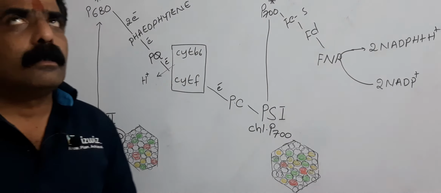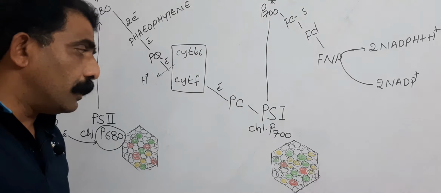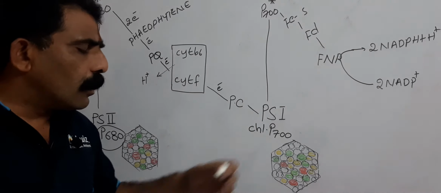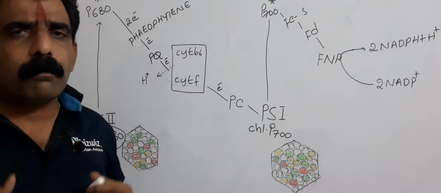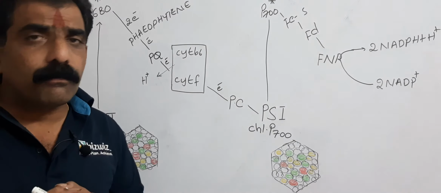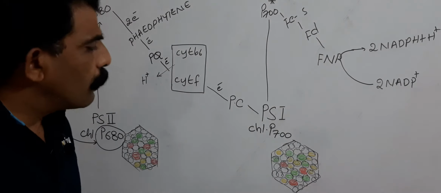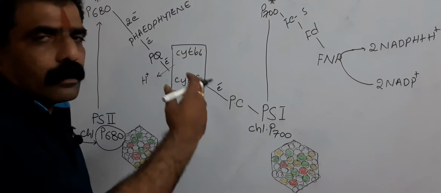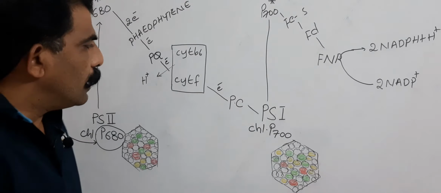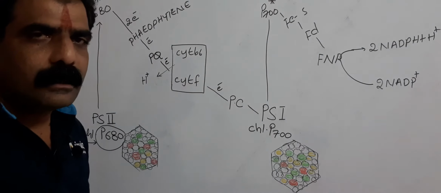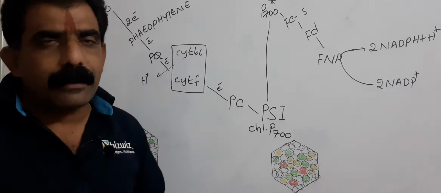You know, the sun emits radiant energy which is absorbed by these pigments. Radiant energy comes in the form of quanta or photons. Photons are absorbed by the pigment molecules, and they will transfer that energy to the reaction center. In the case of PS1, the reaction center is a special chlorophyll molecule which is called P700.